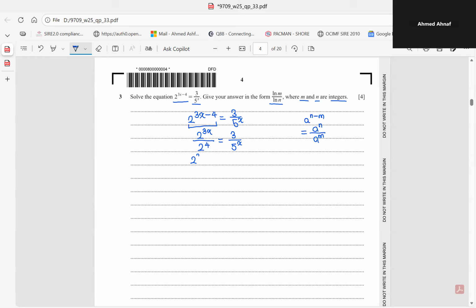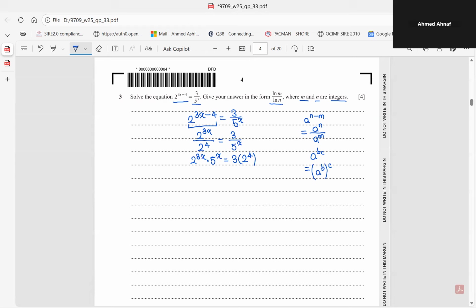Okay, now we can just cross multiply, then we would automatically separate all the x terms and non-x terms. So you get 2 to the power of 3x times 5 to the power of x equals 3 times 2 to the power of 4. Okay, to make this in terms of x, we can make use of this law where if you have a to the power of b times c, you can rewrite this as a to the power of b, in brackets, to the power of c.